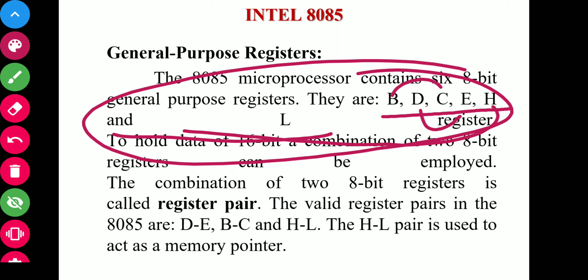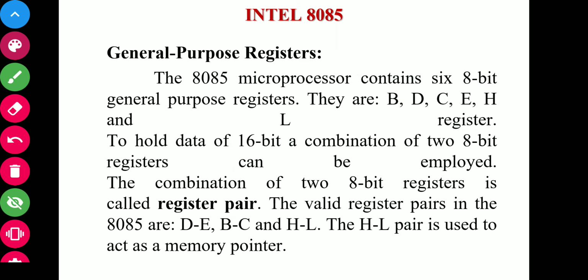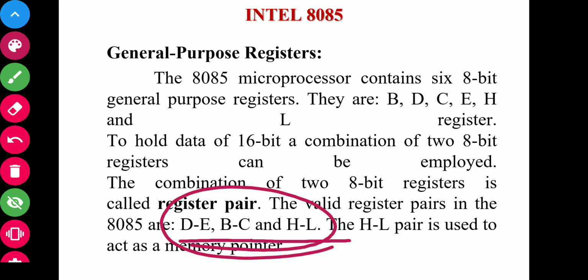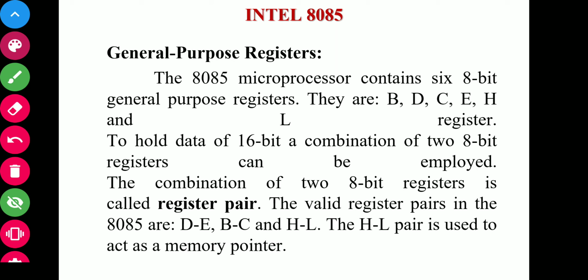These single registers which are combined together are called a register pair. These registers will be paired as DE, BC and HL. And here one specific thing is there, the HL pair is used as a memory pointer.